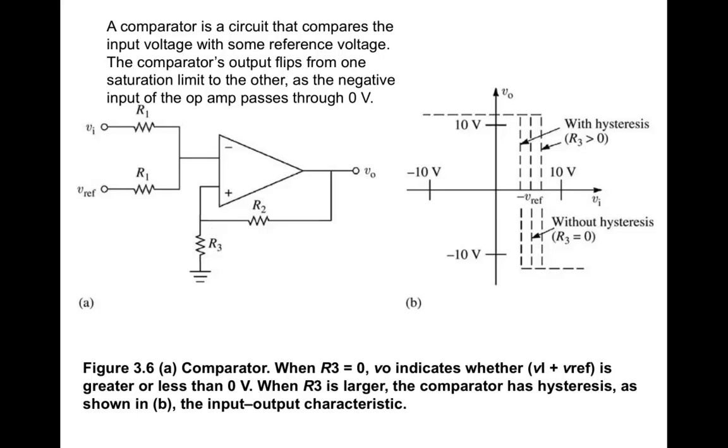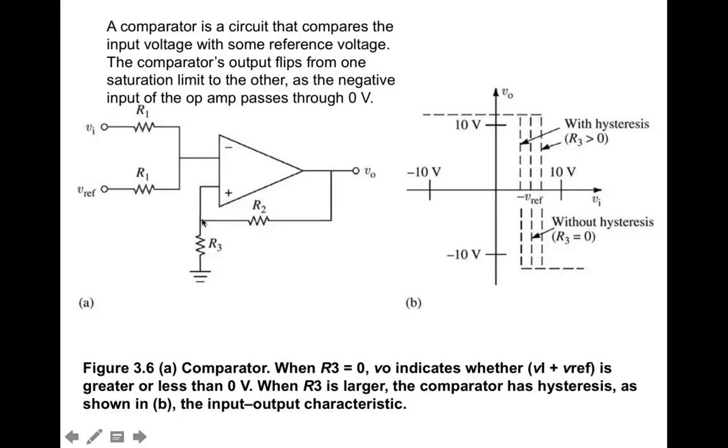Basically when R3, this resistor here, is equal to 0, then the output voltage will indicate whether this input plus a reference is greater than or less than 0 volts. As R3 gets larger, you have a little hysteresis, which means right around the reference, you've got a little bit of memory of the state of the system before.